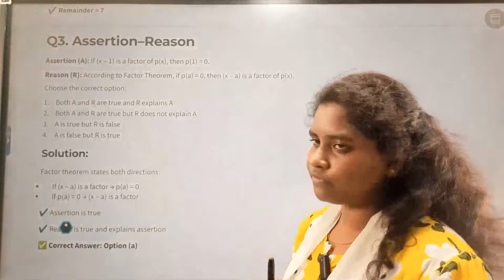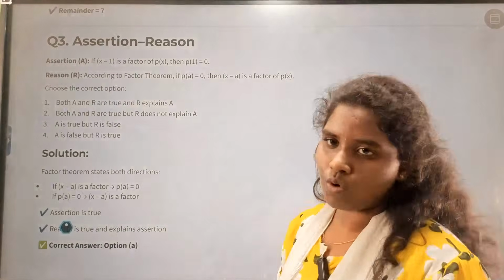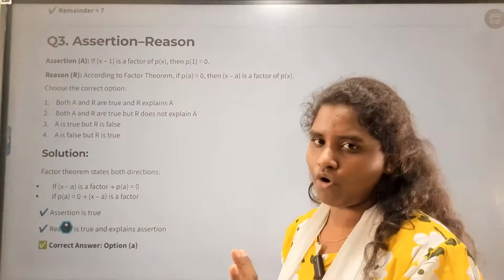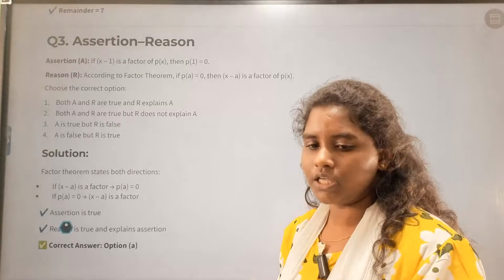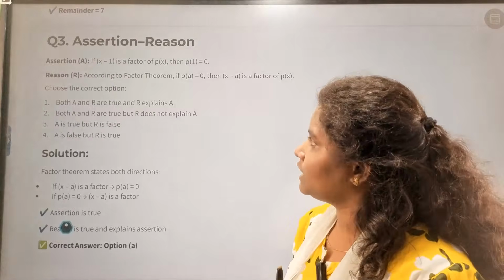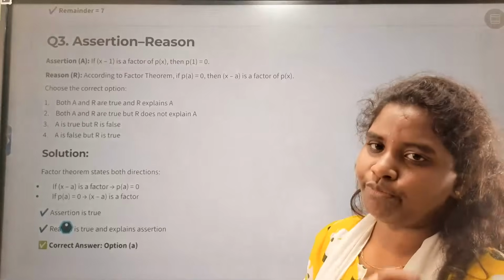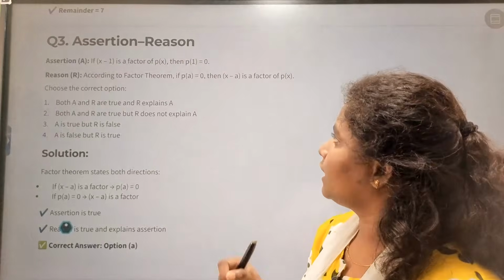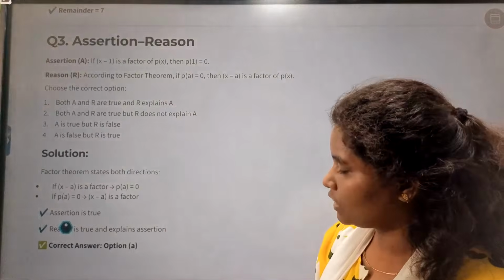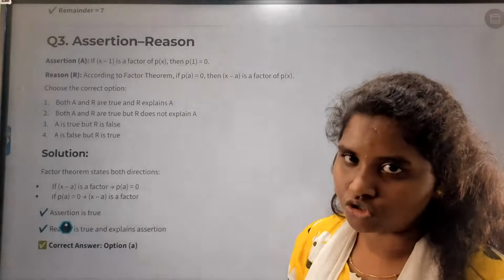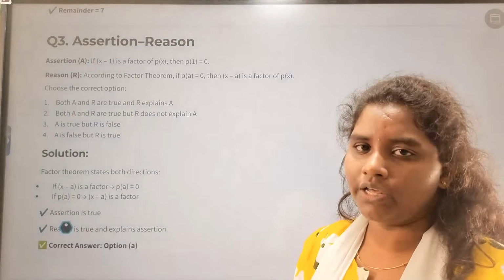Here the question is from factor theorem. So if x minus 1 is a factor of p of x, that is some polynomial, then p of 1 is equal to 0. So the reason is, according to factor theorem, the condition is if p of a is 0, then x minus a is a factor. So both are right. The assertion is right and the reason is also right. So it implies an if and only if condition.